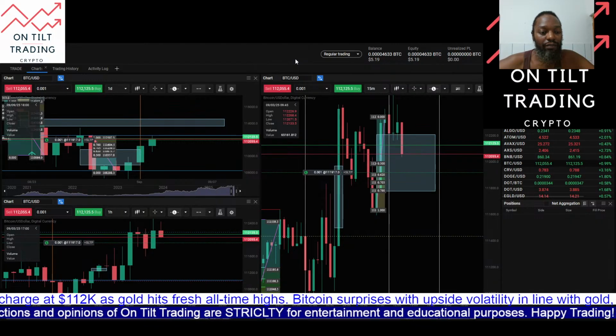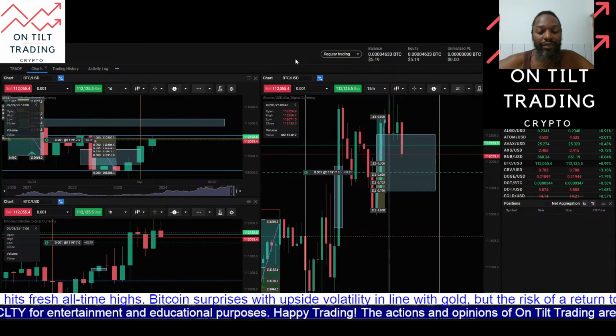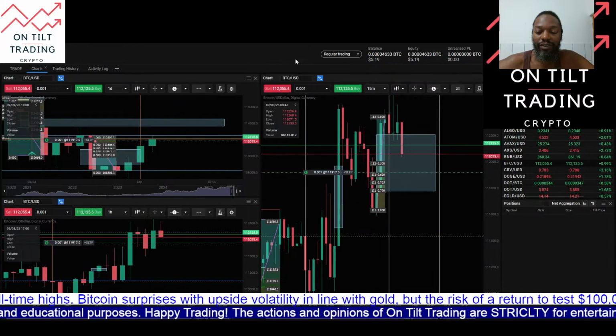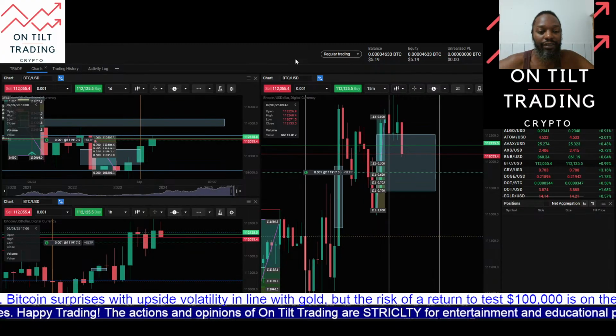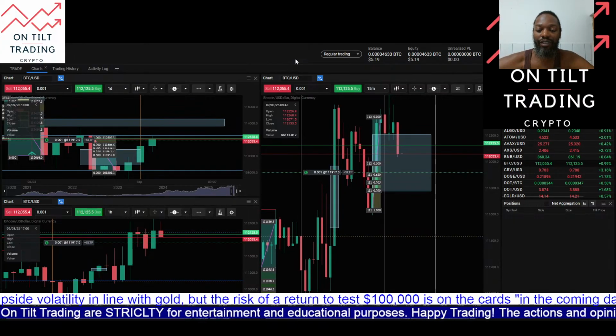So I'm interested in keeping my positions, let's say, brief, just in case price action does not want to go any distance in the trade direction.